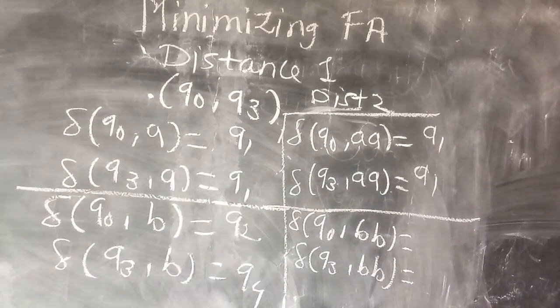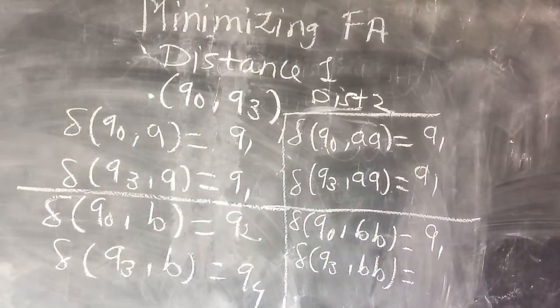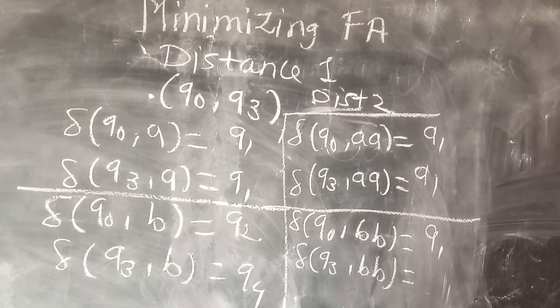Q0 on B is nothing but Q2 and Q2 on B is nothing but Q1. Again we calculate the same for Q3, that is Q3 on B is nothing but Q4 and Q4 on B is nothing but Q1.